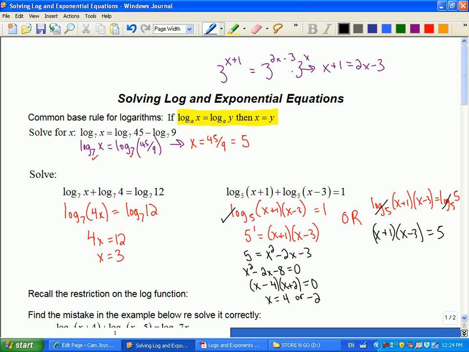Now remember, that doesn't mean negative 2 is the wrong answer just because it's negative 2. It means that when I put it in, it becomes negative 2 minus 3. That's negative 5. Won't work. So whenever you check your answers, it's when you stick it in. Negative 2 plus 1, negative 1, won't work.